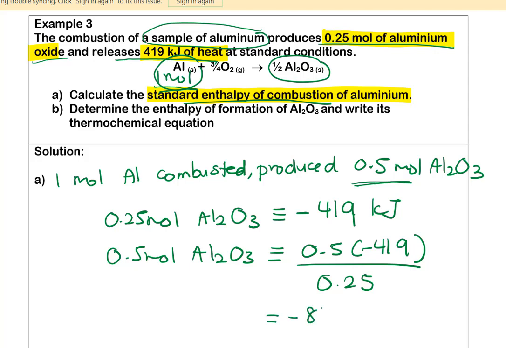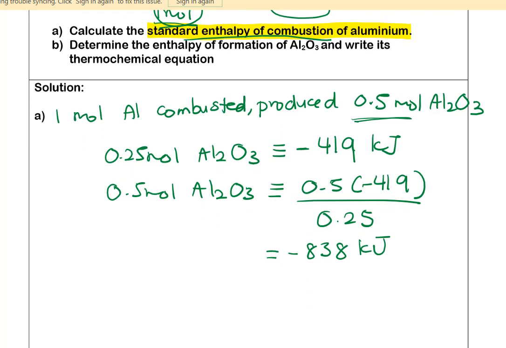Negative 838 kilojoule. So when I combust 1 mole of aluminium, it will produce 0.5 mole aluminium oxide. So this is the amount of heat being released. So your final answer is delta H combustion is equal to negative 838 kilojoule per mole.